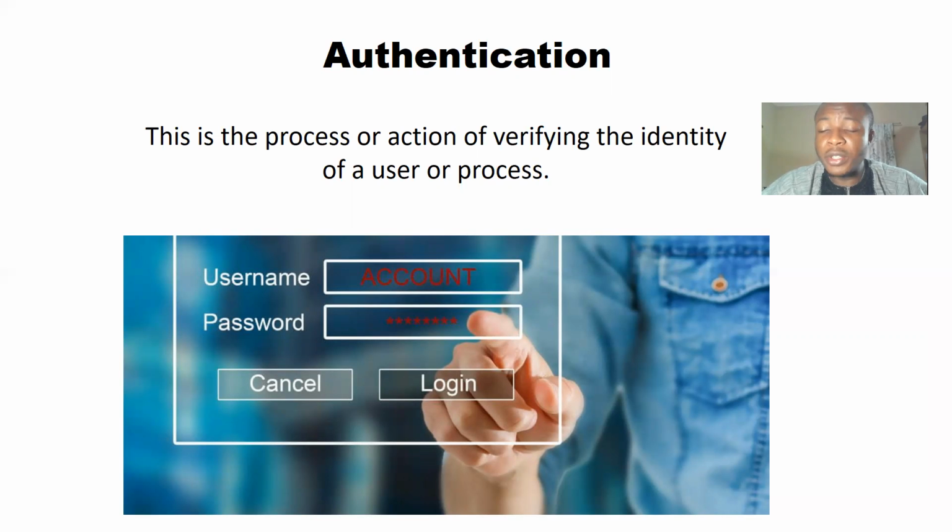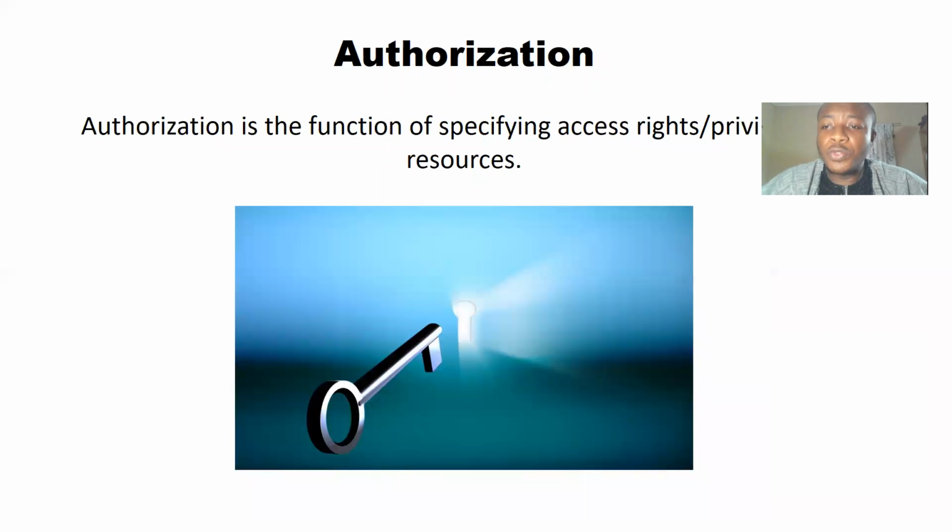Could you please open the door for me?" And you know, okay, James is my friend. James might probably be coming to stay over for the night. Then you have authenticated James. Now you know who the user is, which is authentication, the process or action of verifying the identity of a user or a process. Now, fast forward to authorization.